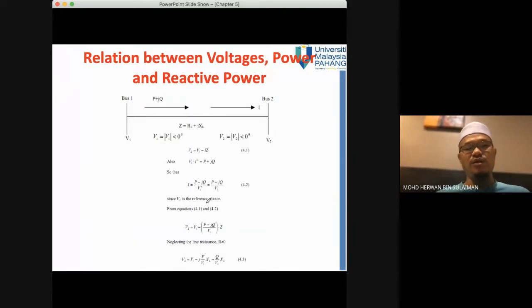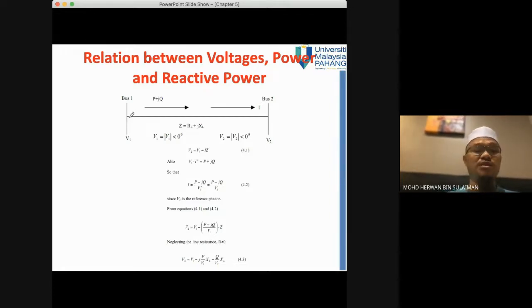Okay, let's take a look at the relation between voltage and power. So this one I think you are familiar with, because you have learned the model of the transmission system in EPS. Normally we have a sending end, so we have bus 1 and bus 2. This is bus 1, the sending end bus.